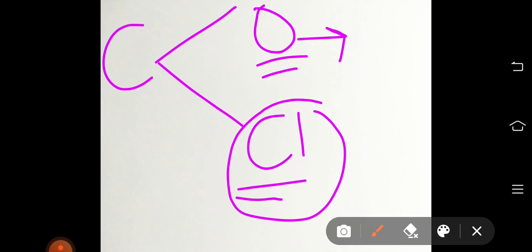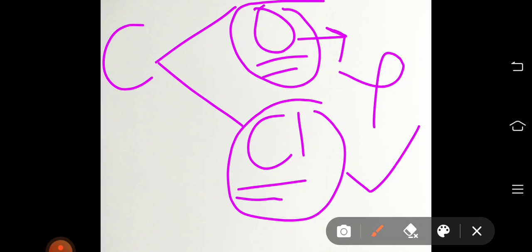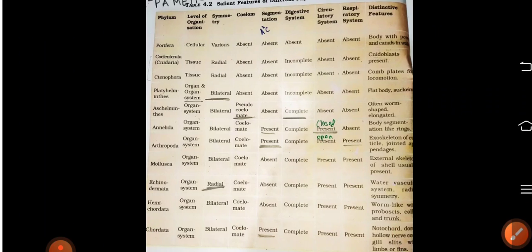Basically, in the open type, there are no capillaries, arteries and veins. In the closed type, there are vessels: veins, arteries, capillaries. Open types don't have vessels. The cells just bathe in the blood.